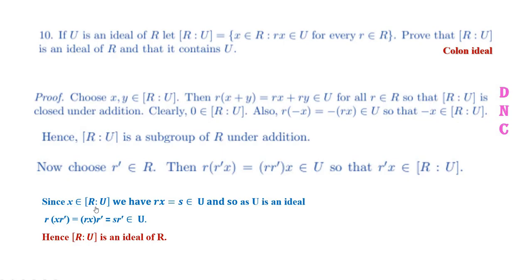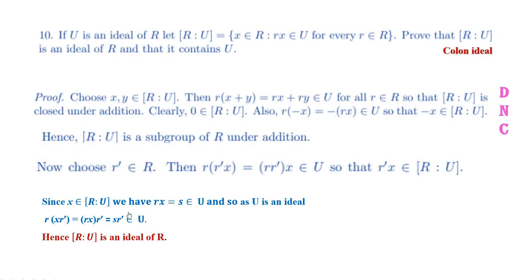Again, x belongs to this R colon U, for which suppose I consider rx to be s. Because x is in R colon U, by the definition, rx will be in U for every r. So we shall take this rx to be, for convenience sake, some s in U. As U is an ideal, when we consider r into x r prime, this will be rx r prime.